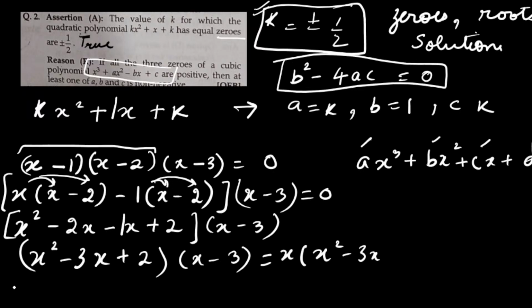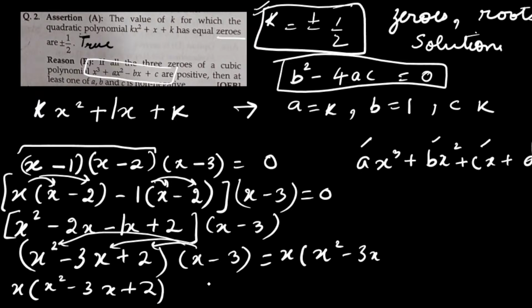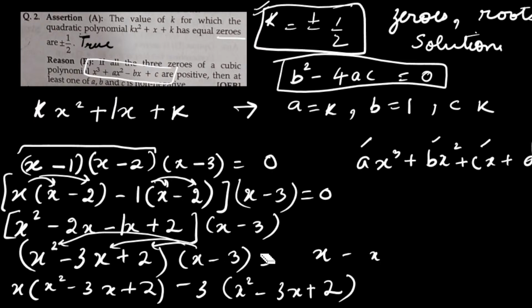Let me multiply this x with all. So x with x square minus 3x plus 2, then minus 3 with x square minus 3x plus 2. We just have to simplify this now.